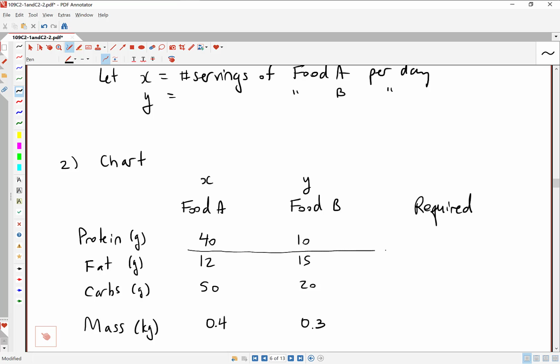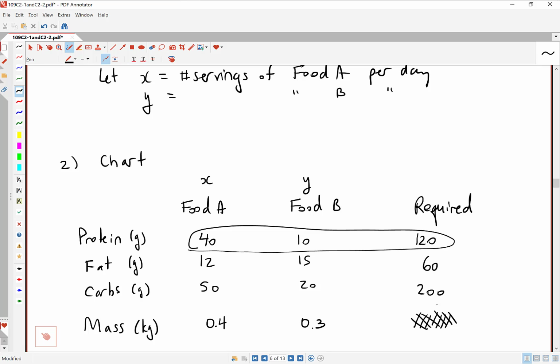So you can imagine you're going to have an inequality just from reading this way. So the requirements were 120 grams of protein, 60 grams of fat per day, and it was 200 grams of carbs per day. Okay, now we don't know this number here. That's sort of the point of the problem, is to minimize the mass.